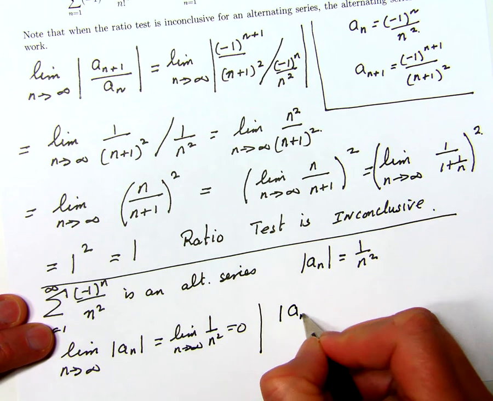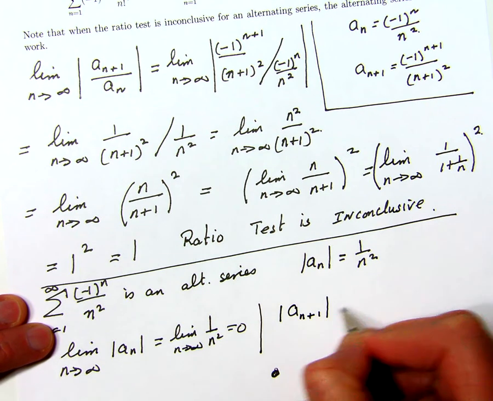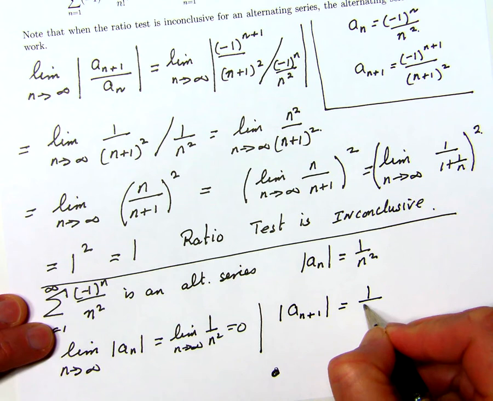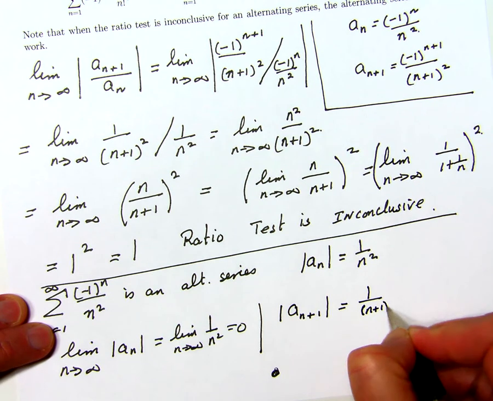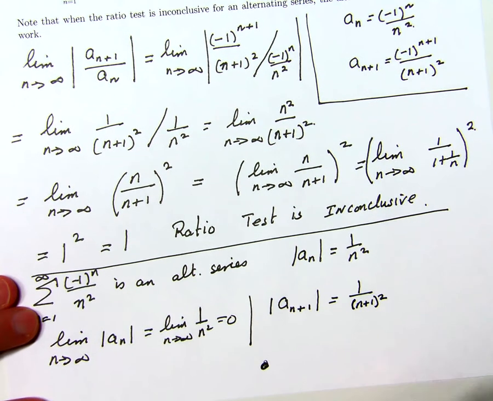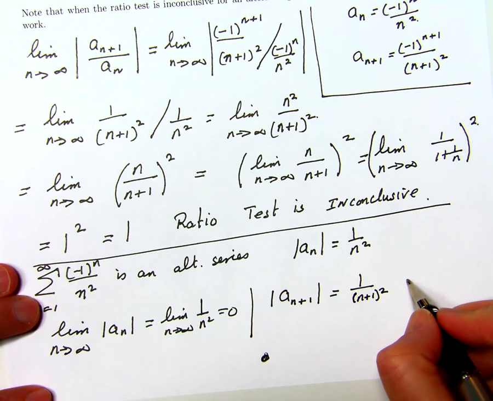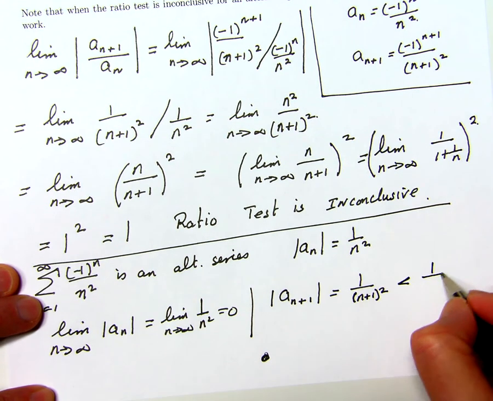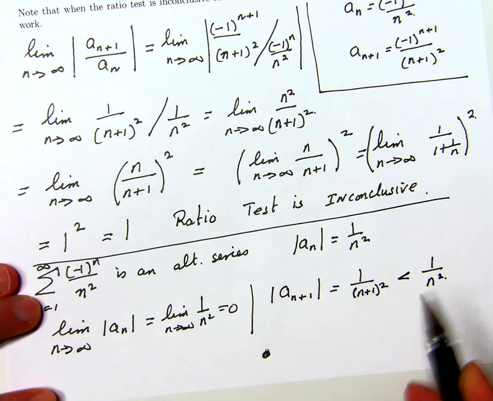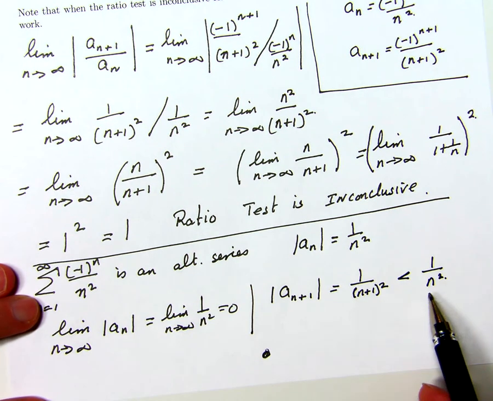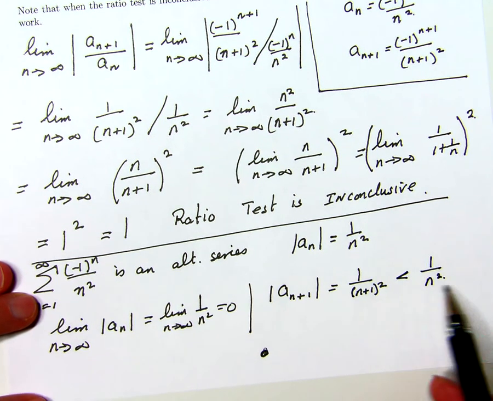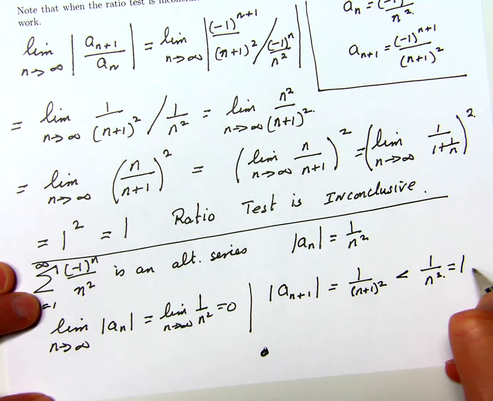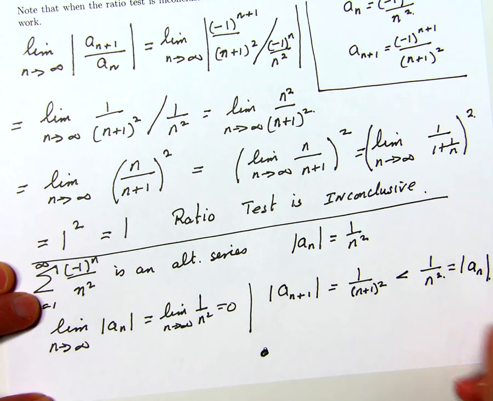So we have the absolute value of a_(n+1) is 1 over (n+1) squared, and that is certainly less than 1 over n squared, because n+1 is bigger than n, therefore (n+1) squared is bigger than n squared, and therefore 1 over (n+1) squared is less than 1 over n squared.